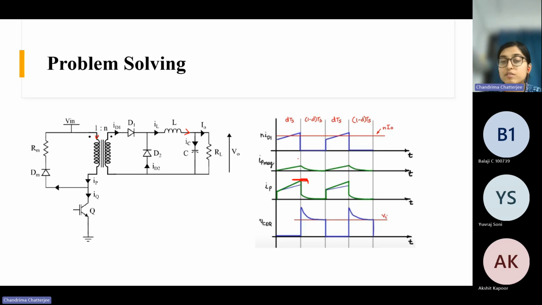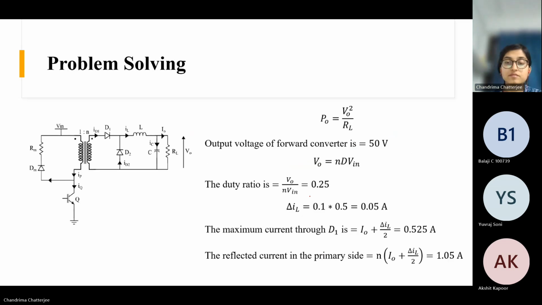For that, we need to find out the magnetizing current value Im, and the peak current value of the load component, which is this one. So let's see what information we have. They provided the output power and the load resistance value.